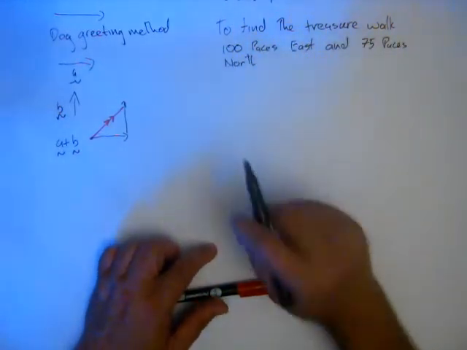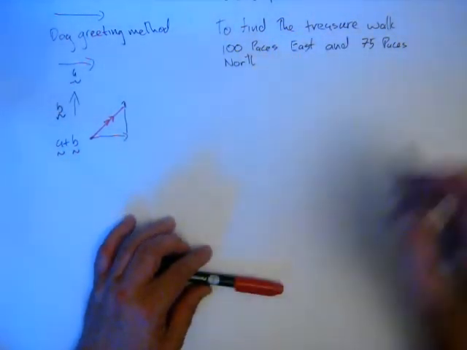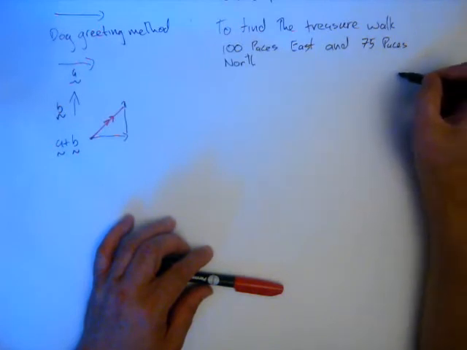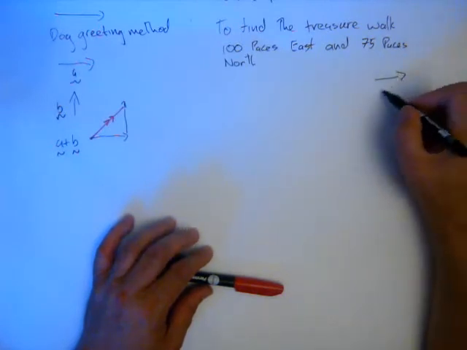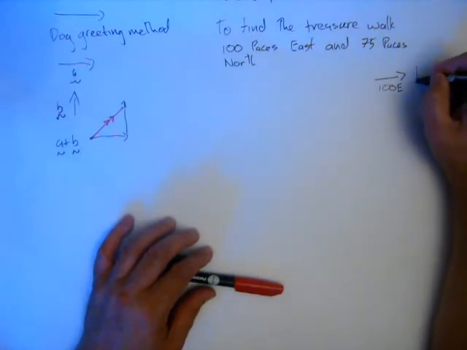Okay, so if I'm going to join these two together, I first of all identify my two vectors. I've got a vector that says I go 100 east, and I've got another vector that says I go 75 north.